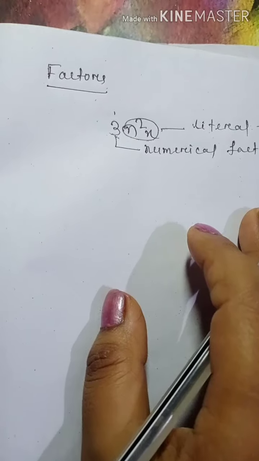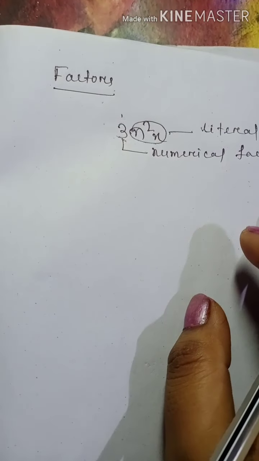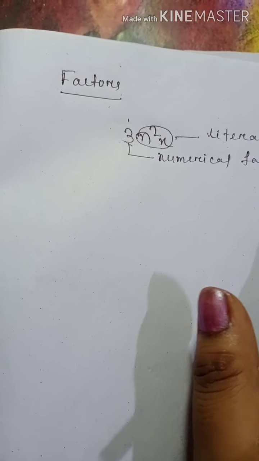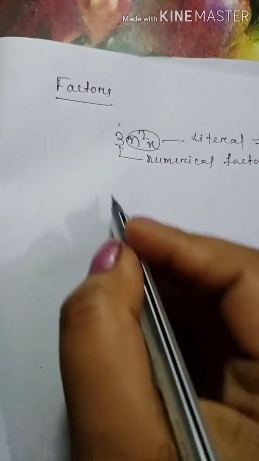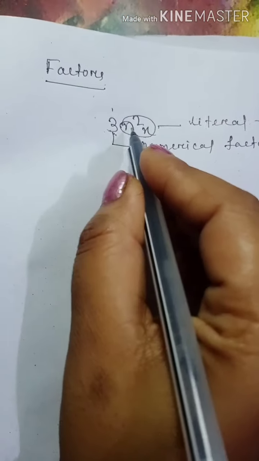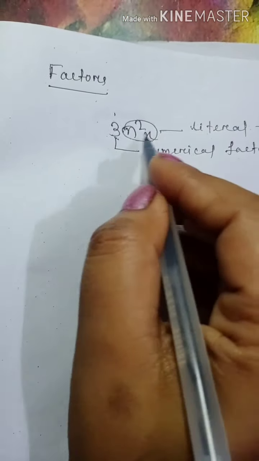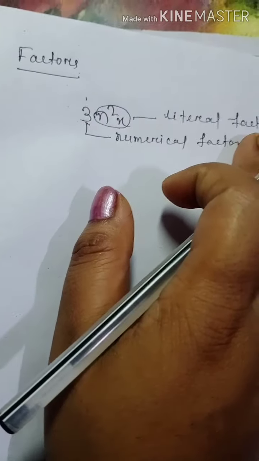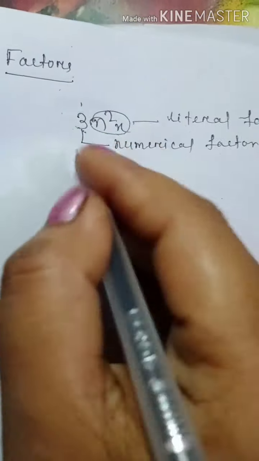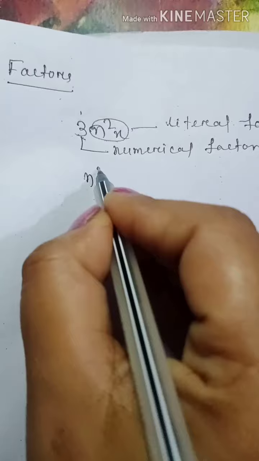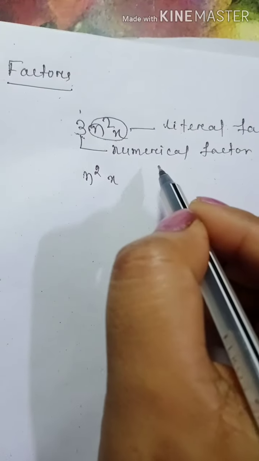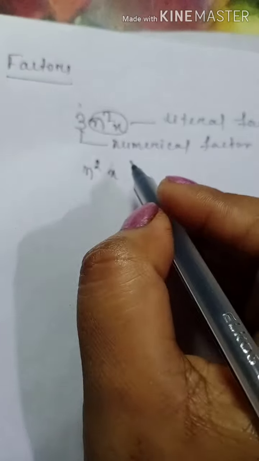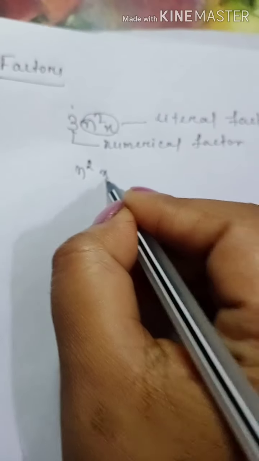Next, suppose there is a monomial, I am giving an example. See, as this is the numerical factor, then what are the literal factors? If it is asking how many literal factors, all of these are literal factors. Means what? n square is a literal factor, x is a literal factor individually, and n square x together is also a literal factor.